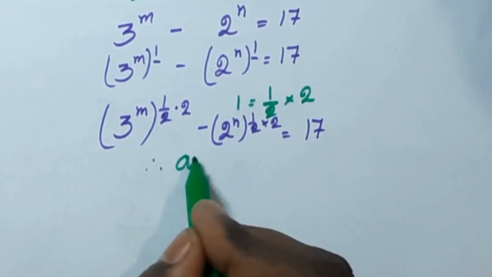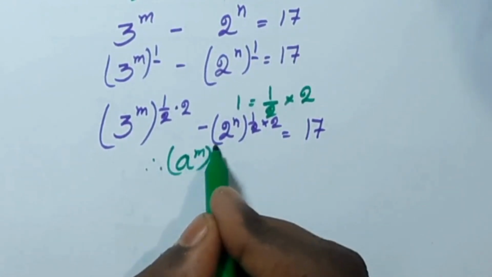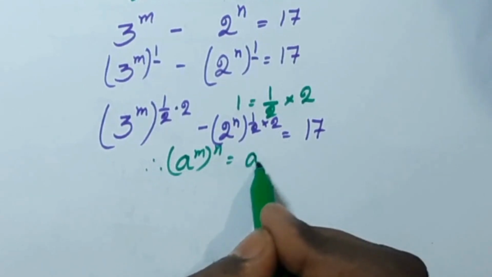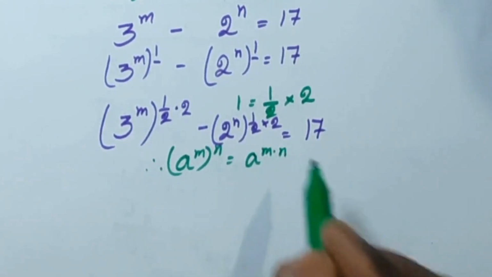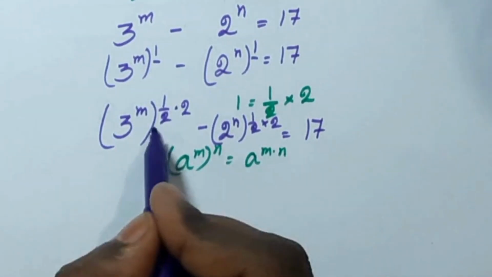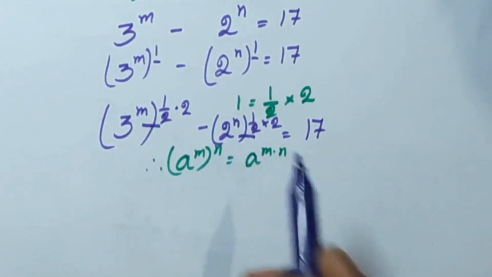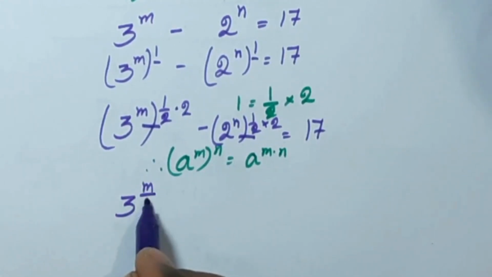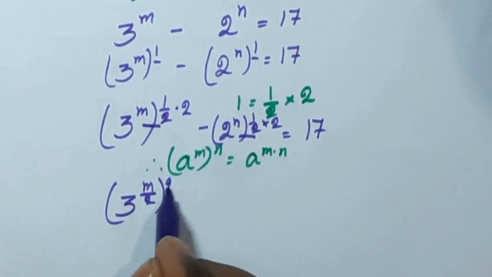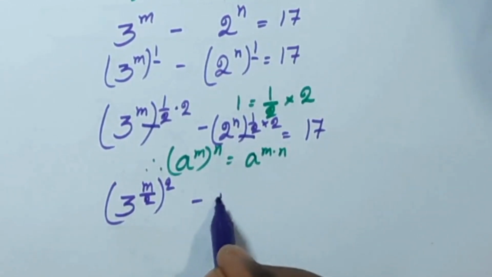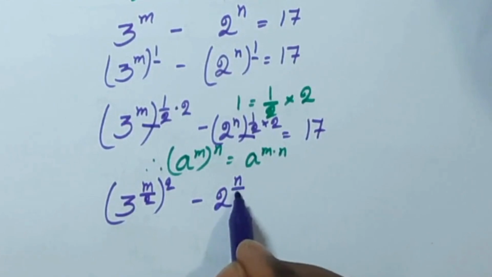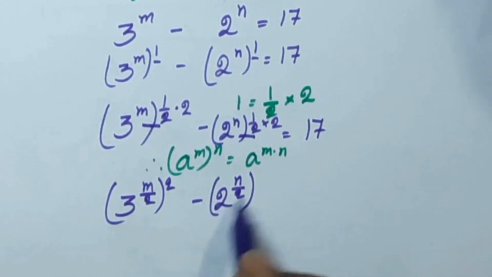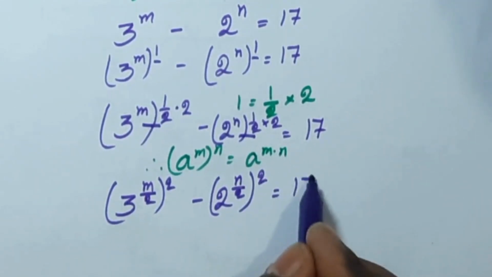Therefore, a to the power of m power n equal to a to the power of m into n. We are applying this here and here. 3 to the power of m by 2 whole power 2 minus 2 to the power of n by 2 whole power 2 equal to 17.